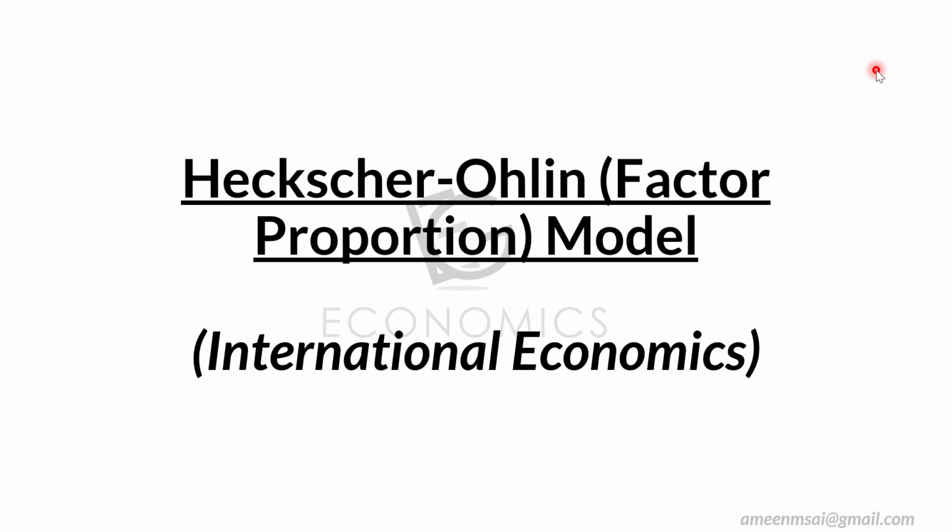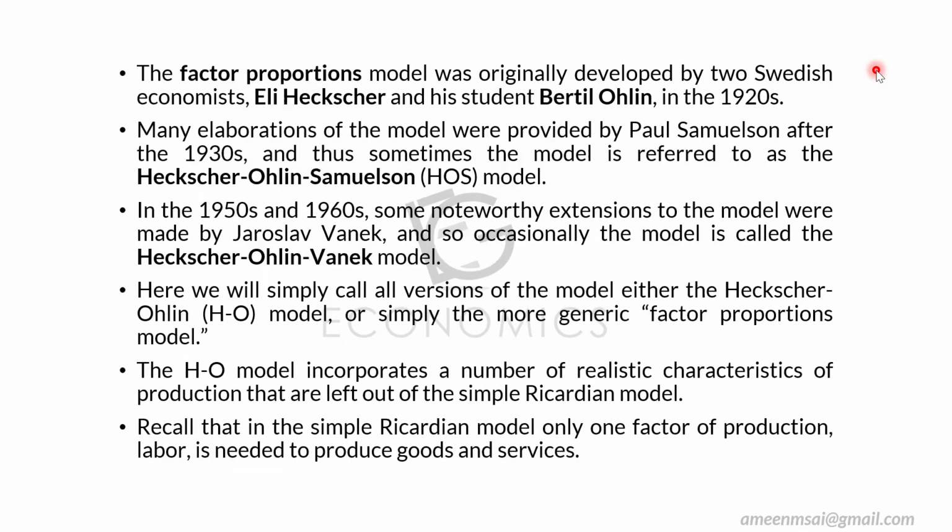Let's go into the discussion of this topic, that is the HO model or the Heckscher-Ohlin model. The factor proportions model, or the Heckscher-Ohlin model, was originally developed by two Swedish economists, Eli Heckscher and his student Bertil Ohlin, in the 1920s. That's how we call it Heckscher-Ohlin.